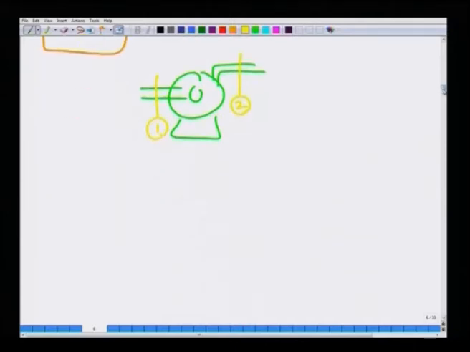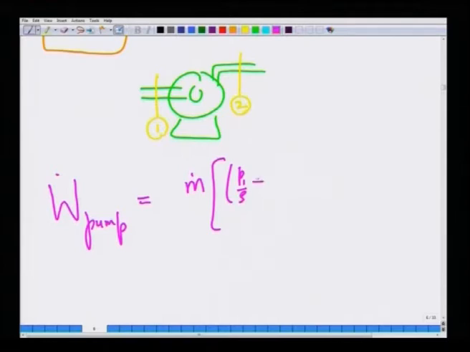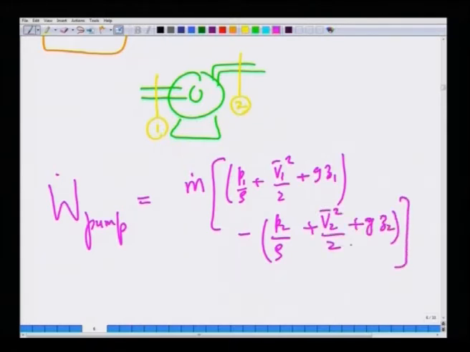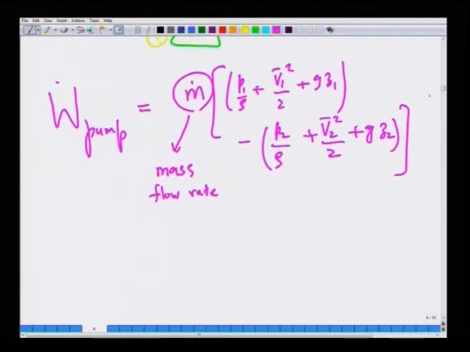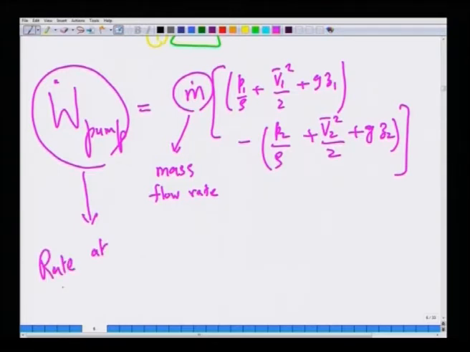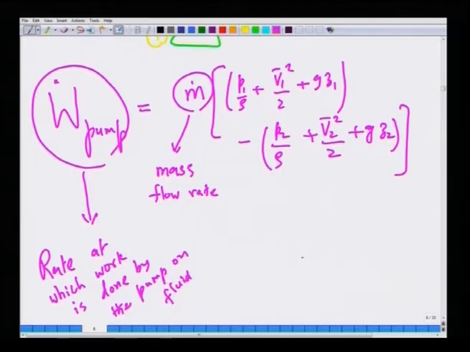So, the rate at which the pump does work, W dot pump, is m dot times (P1 by rho plus V1 squared by 2 plus g Z1) minus (P2 by rho plus V2 squared by 2 plus g Z2). Here m dot is the mass flow rate, and this is the rate at which work is done by the pump on the fluid.